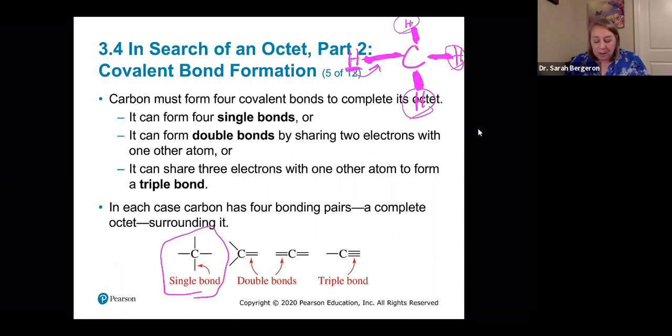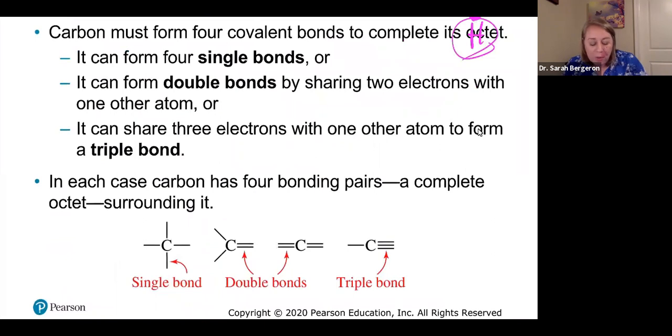The other way that this could happen is that carbon can form what's called a double bond. In a double bond, the carbon is sharing more than 1 electron with another atom, right? So let's say we have hydrogen here and hydrogen here. I can make a double bond with another carbon atom, right? And I can complete the octet.